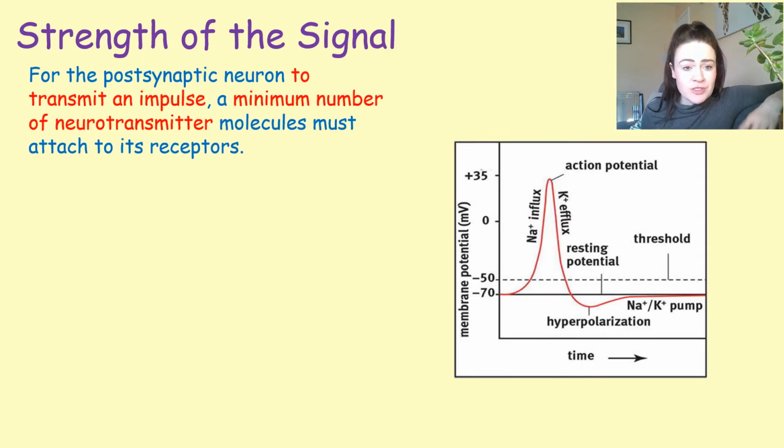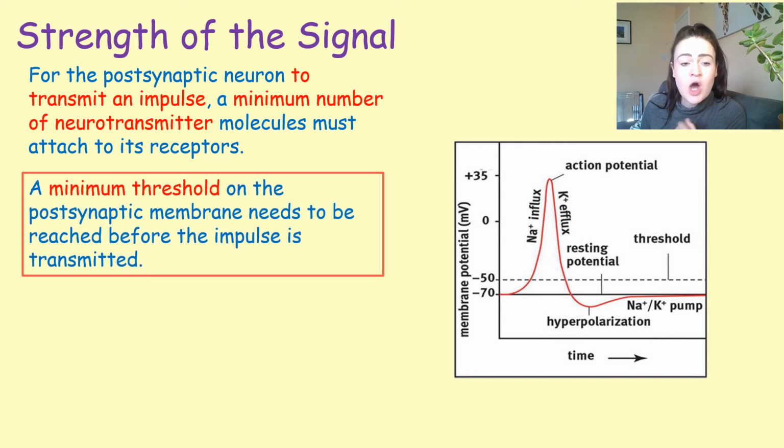Talking about strength of signals, there's a minimum number of neurotransmitter molecules that have to attach to receptors to trigger an impulse. We call this the minimum threshold. That is the minimum concentration of neurotransmitters that has to be reached before an impulse is transmitted.